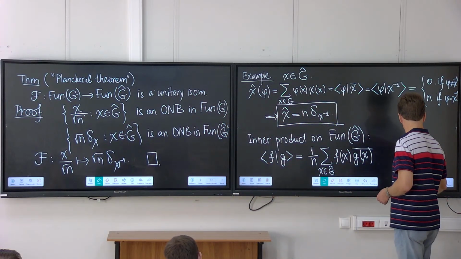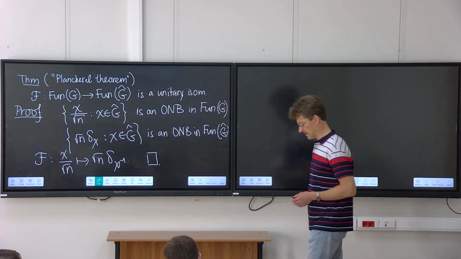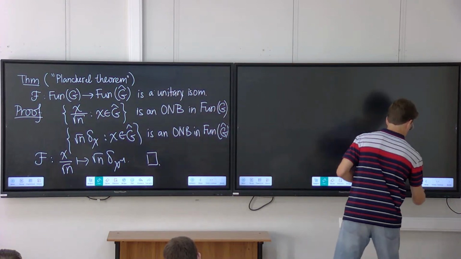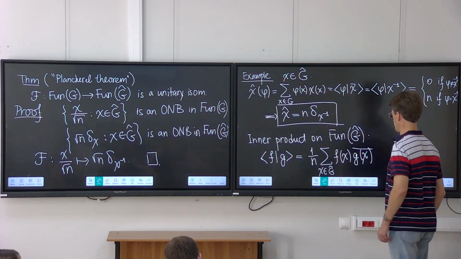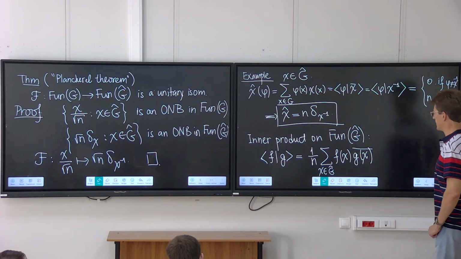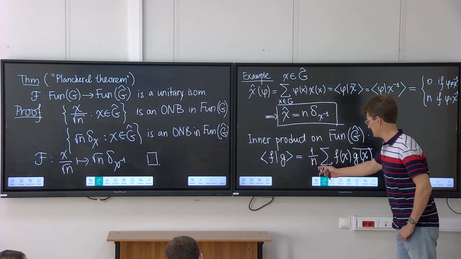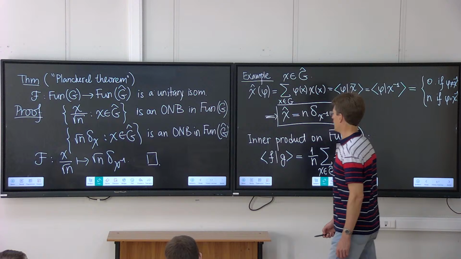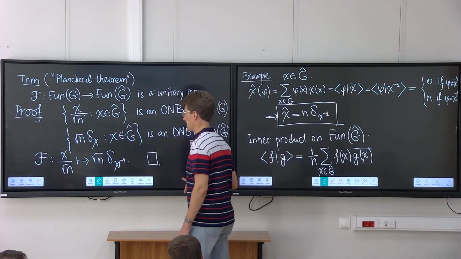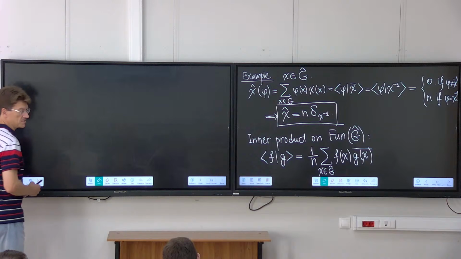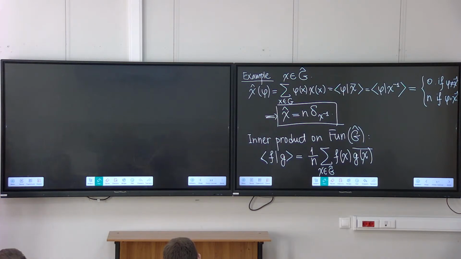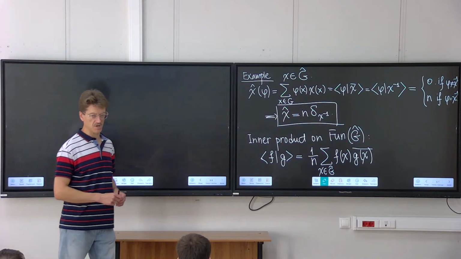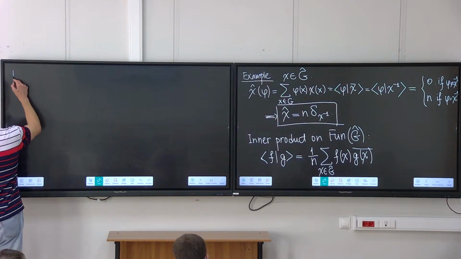Okay, let's now compare the Fourier transform. Oh, by the way, before we speak about the Fourier transform of the dual group, let me make a little remark about the role of this multiplicative constant 1 over n here. In fact, the correct way of looking at the Fourier transform is that the summation in this formula is actually an integration with respect to the counting measure.